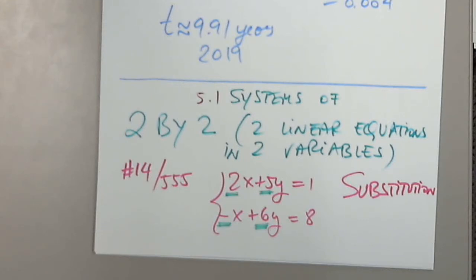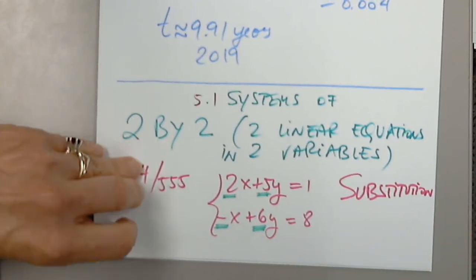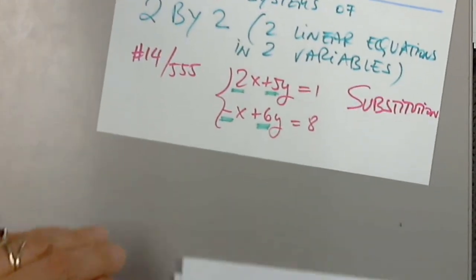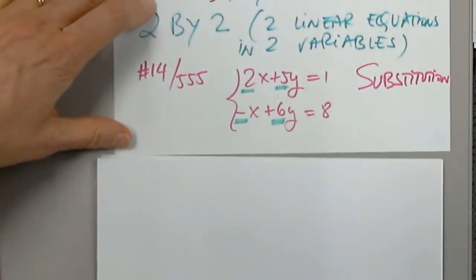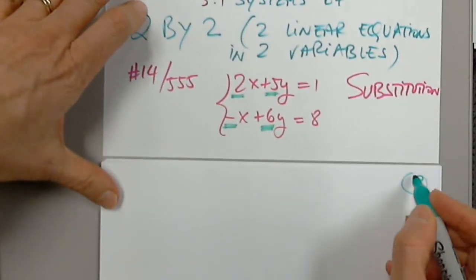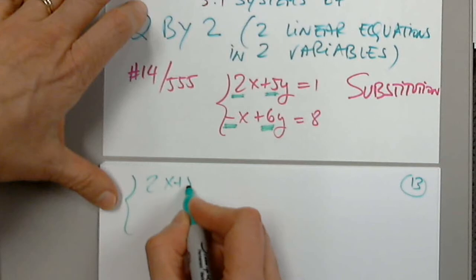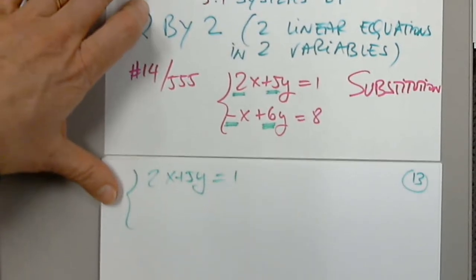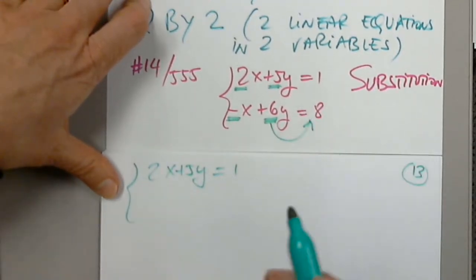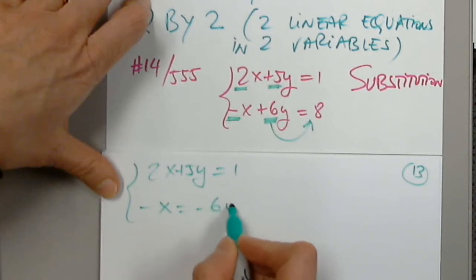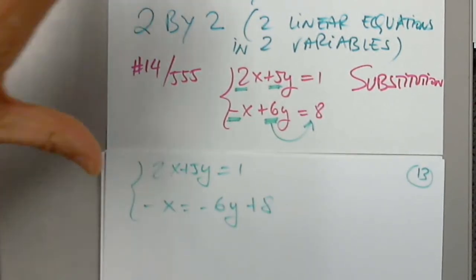So I will solve the second equation for negative x first, copying the first equation as is. Just copy it, 2x plus 5y equals 1. And here I will move 6y, so negative x equals negative 6y plus 8.